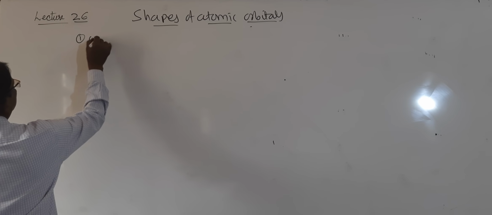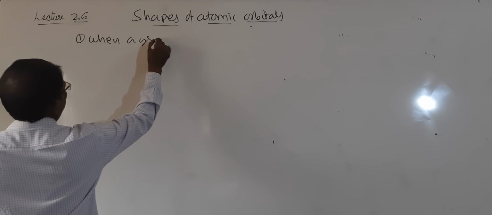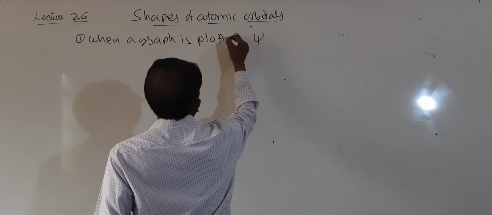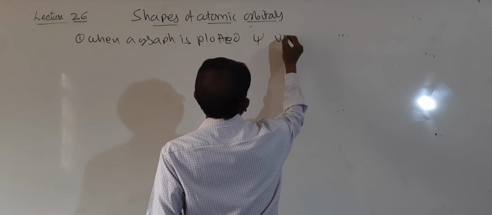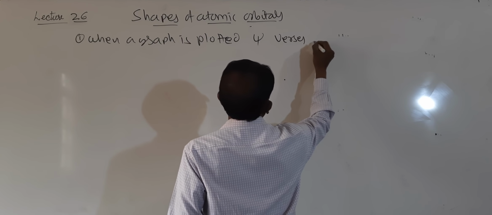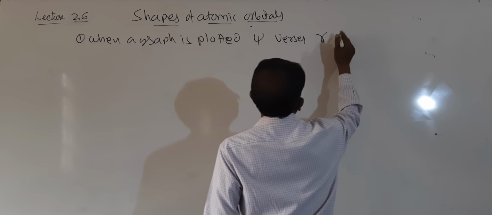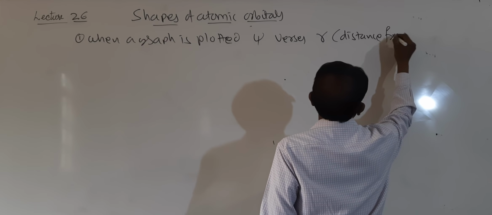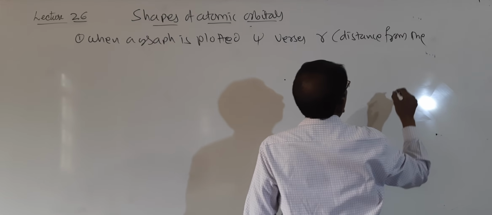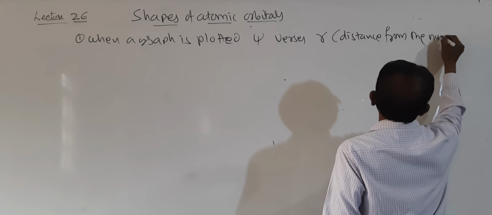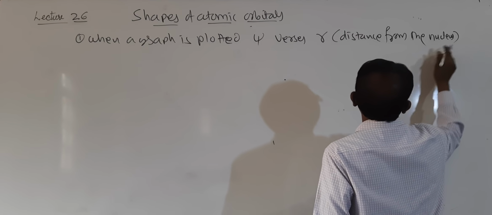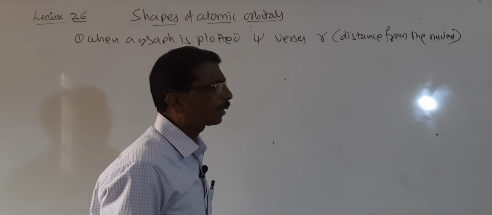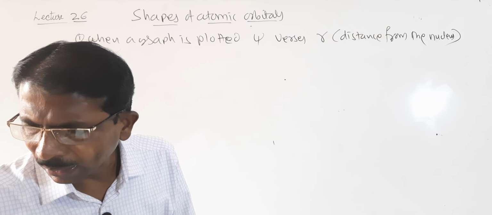Number 1, when a graph is plotted of psi versus r, the distance from the nucleus, you will get a graph like this.